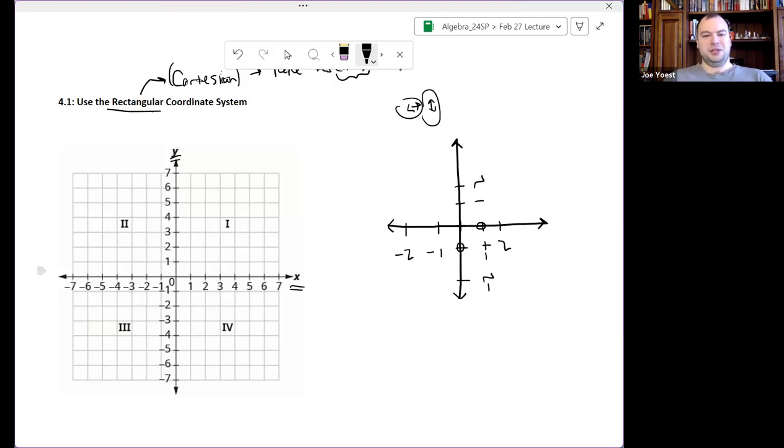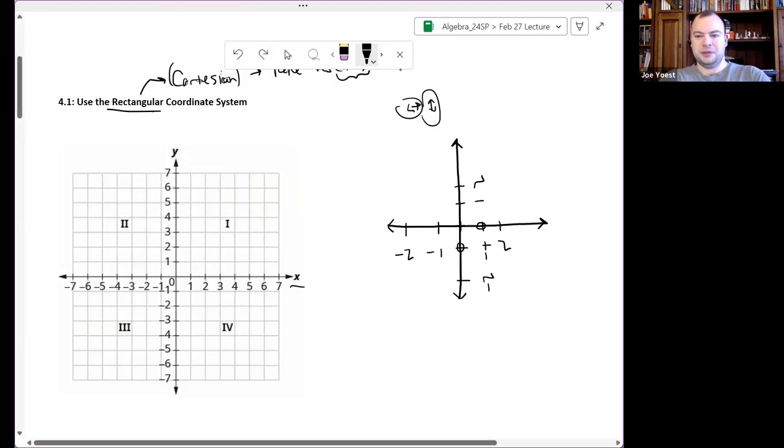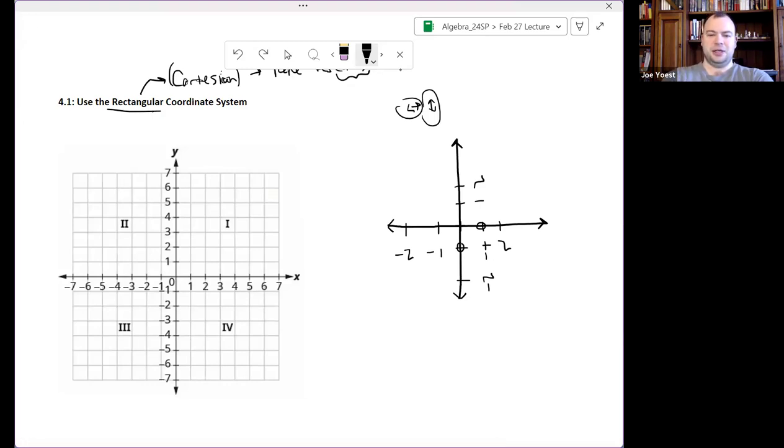But that's not to say that in no situation could you ever call the horizontal axis Y or the horizontal axis Z or something, but typically we call the horizontal axis X and the vertical axis Y. So that's the default. If we don't have any other context saying otherwise, that's the assumption that we make, is X is the horizontal axis, Y is the vertical axis.